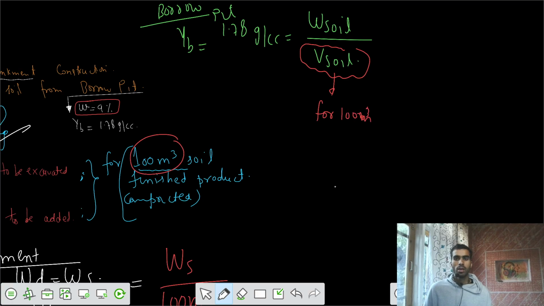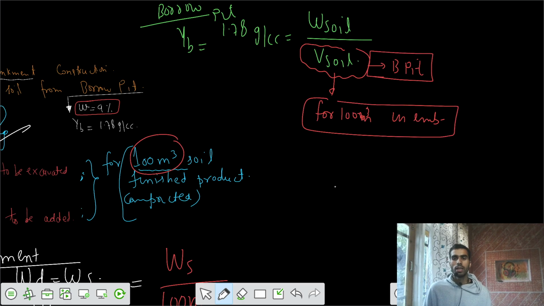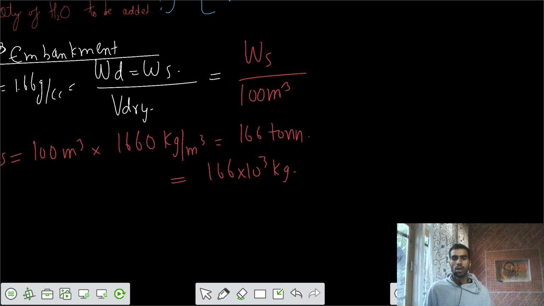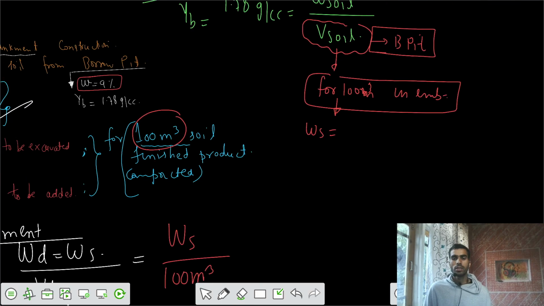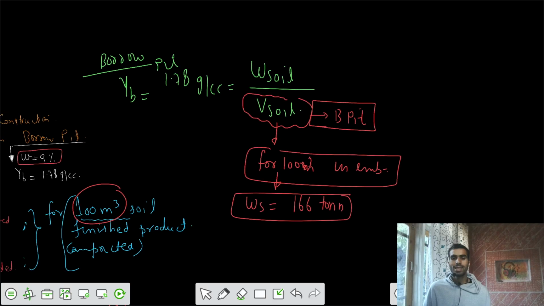For 100 meter cube of soil in the embankment, how much volume of soil in the borrow pit do I have to excavate? This 100 meter cube of embankment means I have a weight of solids equal to 166 tons. I have to get the 166 tons from the borrow pit.